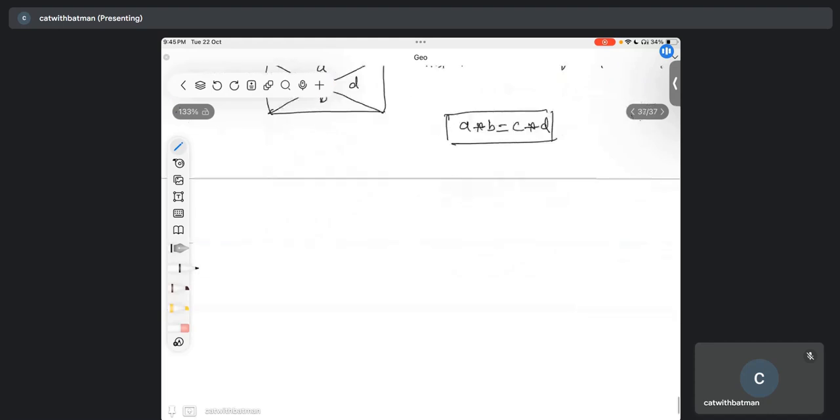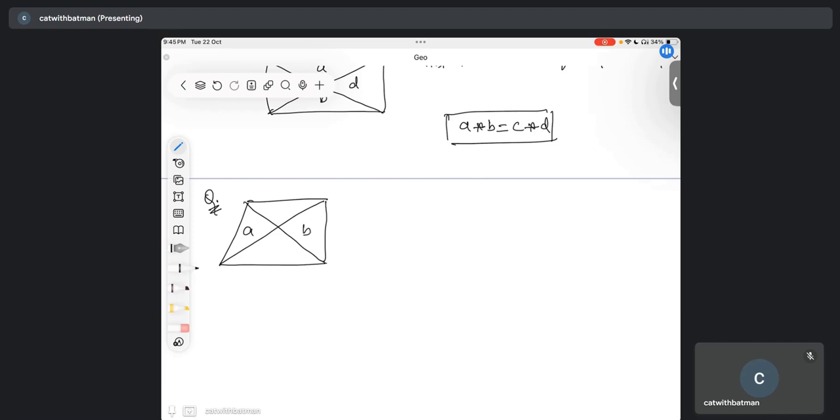Cool. Let's give you a question and let's see if you can solve it. So let's say this is a quadrilateral and these are the areas, A area, B area. The area of this is 27, this is 12.